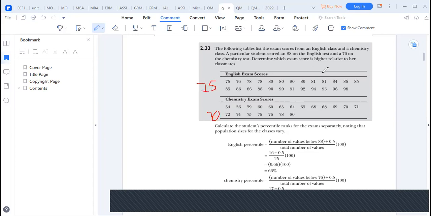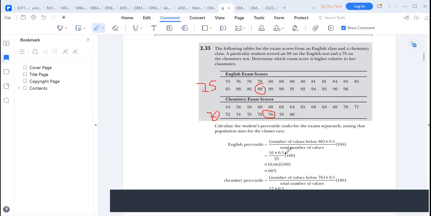So why did he perform better? We're told that he scored 88 in English. So in English, identify where the 88 is. 88 is here. Then let's go to chemistry, where he scored 76 here. Let's start with the percentile for English: 1, 2, 3, up to 16.